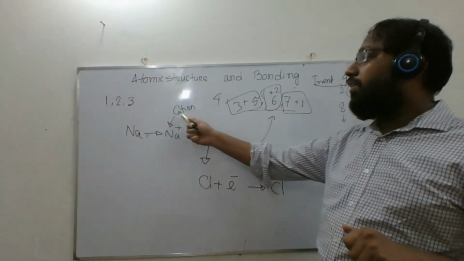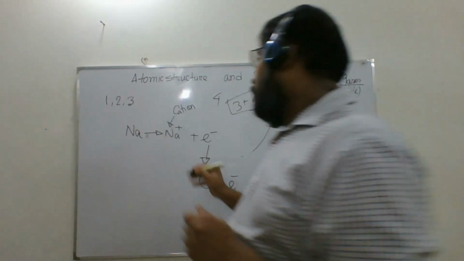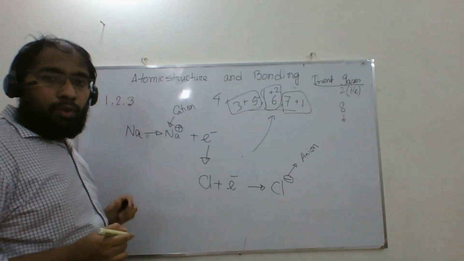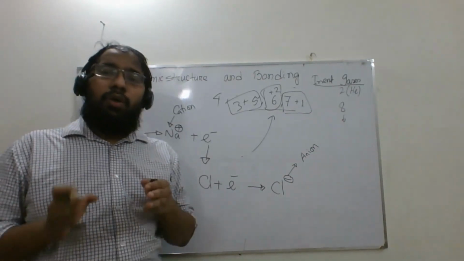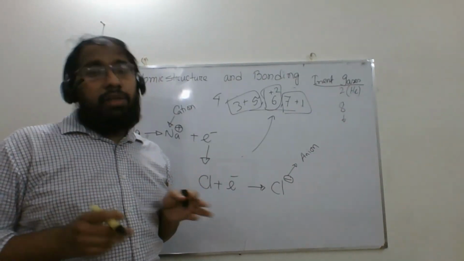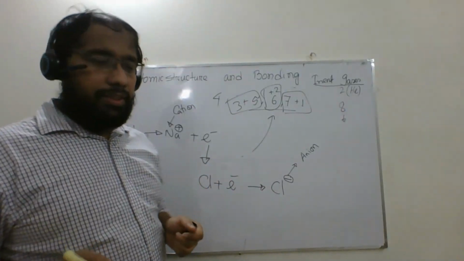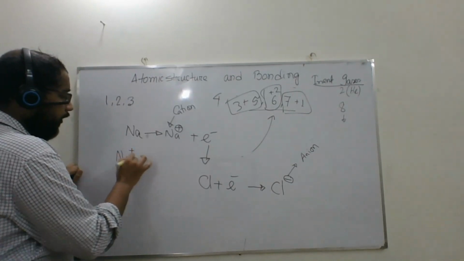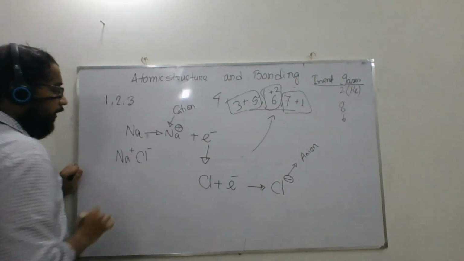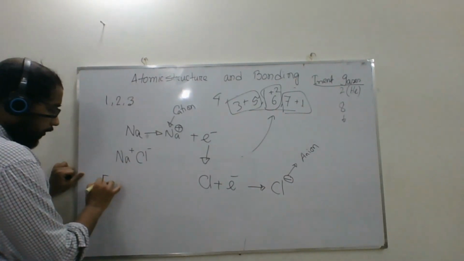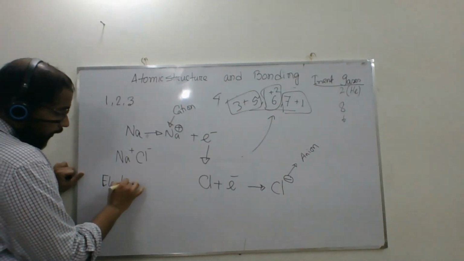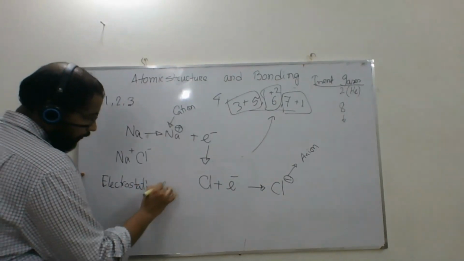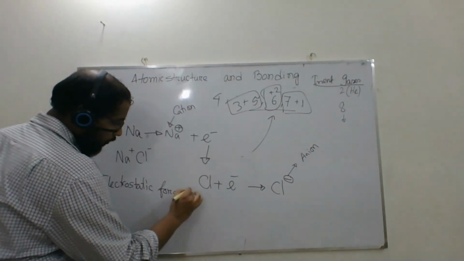Now this anion and this cation, if you look at them, one is positively charged, another one is negatively charged. Okay, we know opposite charges always attract each other and same charges always repel each other. Now, if these two charges come closer together, then they will feel an electrostatic force of attraction.